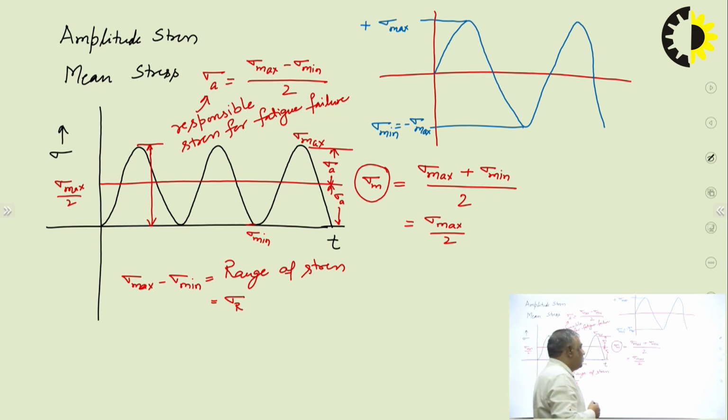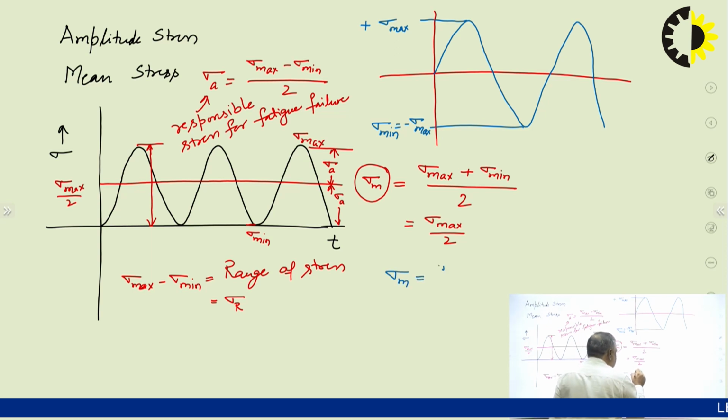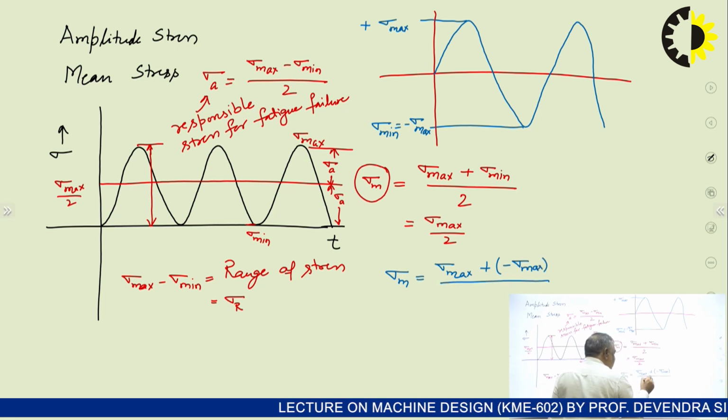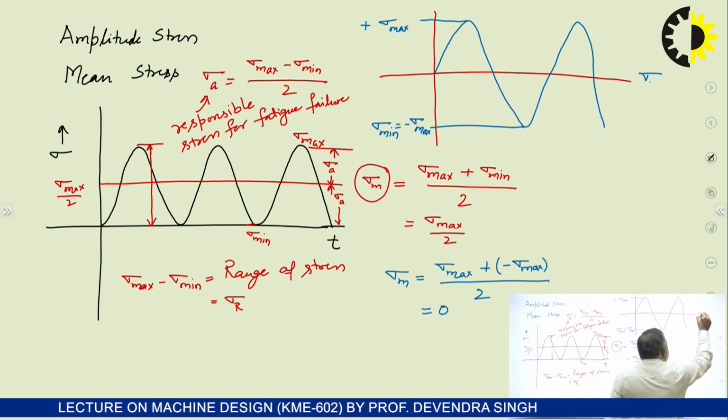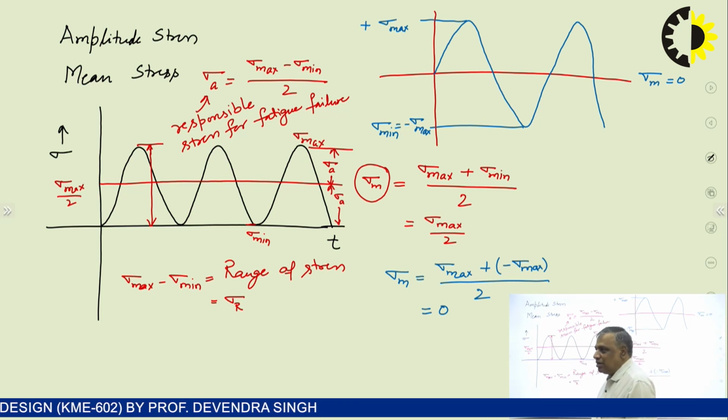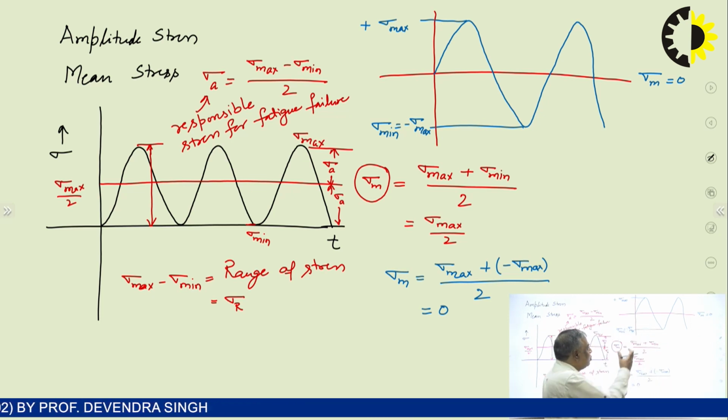This is completely reversible stress. Then find the mean stress: sigma max plus minus sigma max divided by 2, this is 0. In case of completely reversible stress, if you induce 0 stress, it will induce the same effect.